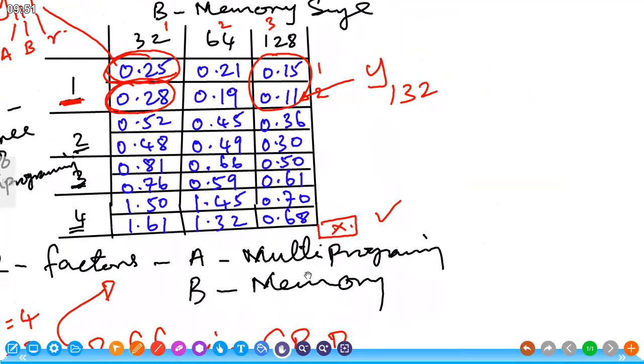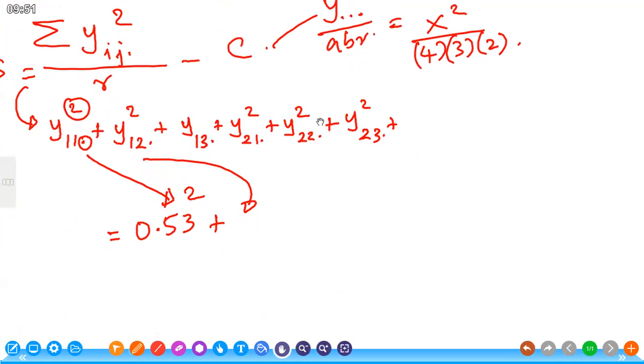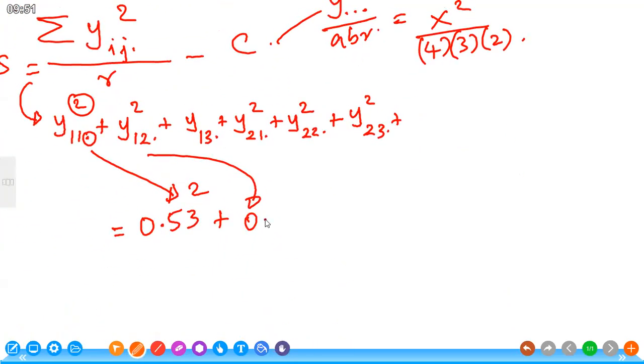So now you see, we are adding the values of the first level of A plus the second level of B. That is why we are saying y12 dot square. So that answer is 0.40 square. Is it clear to everyone? How we are getting this value?